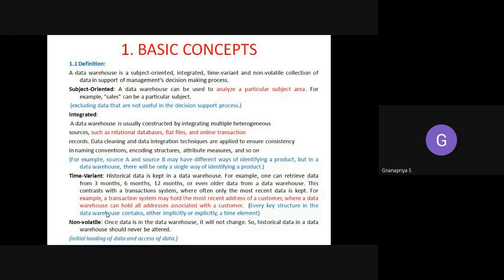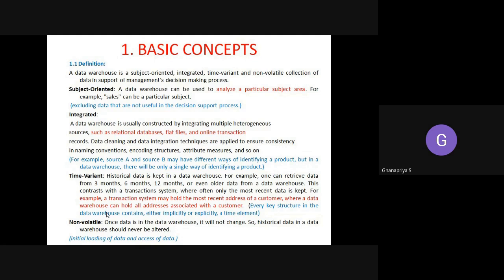So, the difference between database and warehouse is this: database is used for transaction processing. This is mostly used in the banking sector, where whenever we do a transaction, whether we withdraw money or deposit money, the account data needs to be updated.